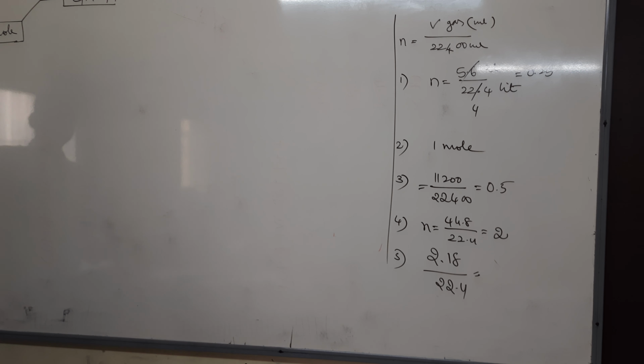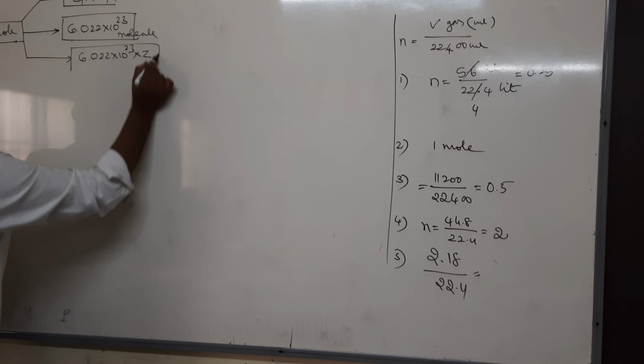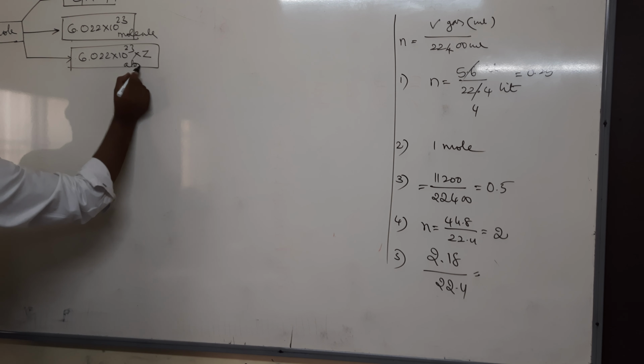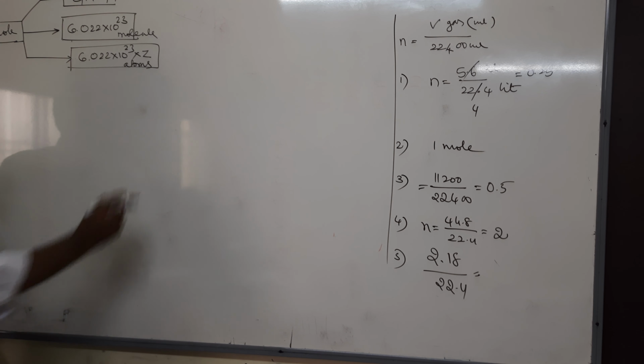How many? 6.022 into 10 power 23 particles, that is molecules. 1 mole is also related to atoms: 6.022 into 10 power 23 into Z, where Z is equal to atomicity.